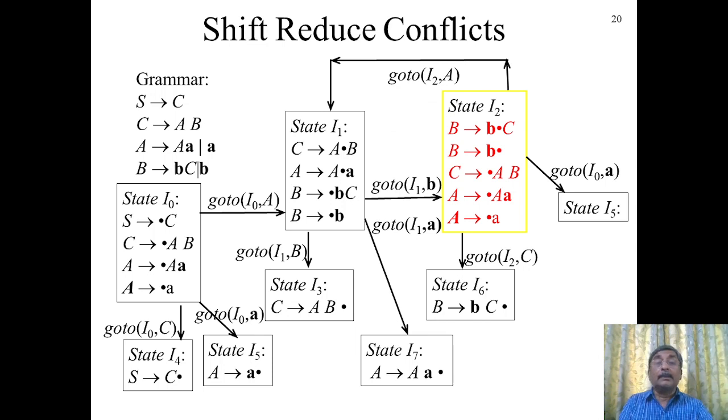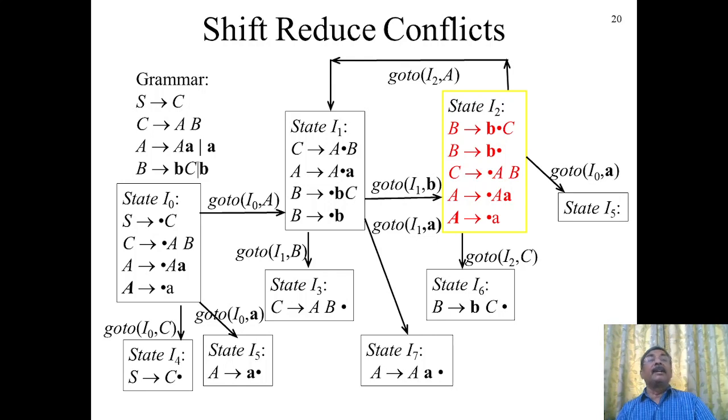Before that, let us look at the shift reduce conflicts that I was talking to you about. Let's look at this particular state which has been highlighted by some colors. I talked about it a bit earlier: this item says reduce while this item says shift. Now this is called a shift reduce conflict.